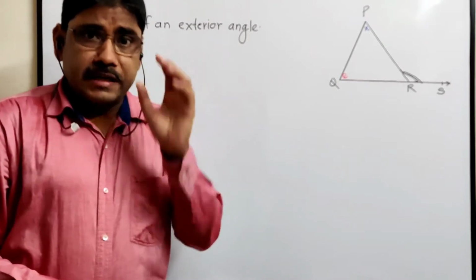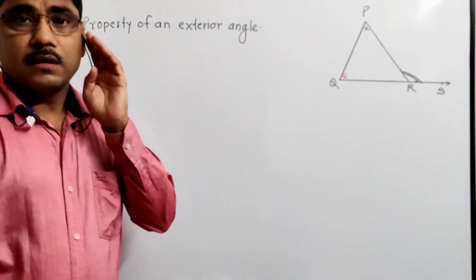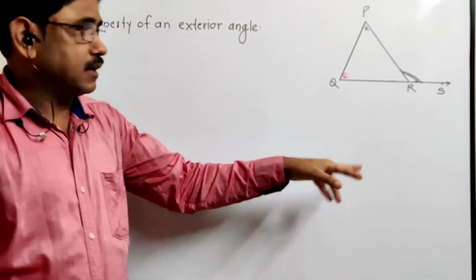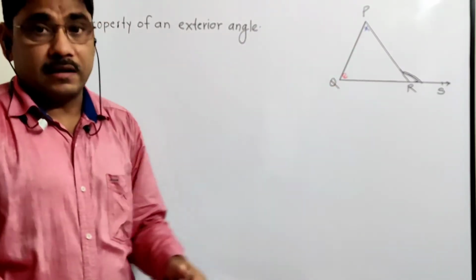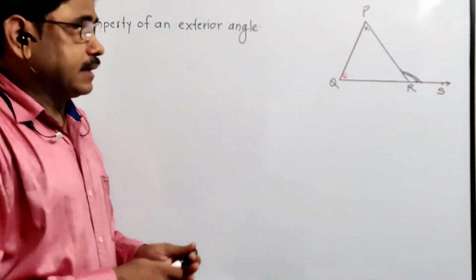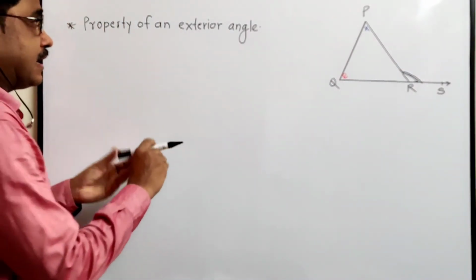Here we studied the remote interior angle theorem. According to the remote interior angle theorem, if we observe this figure, then angle PRS is an exterior angle. So by that theorem, what can we write?